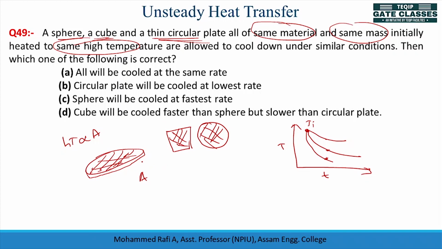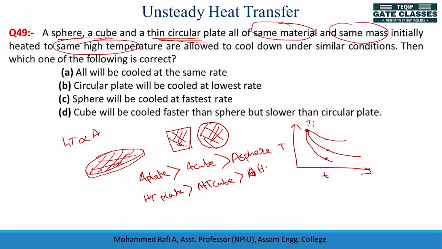You already know the area of this circular plate will be greater than the area of the cube and the area of a sphere. So from this you can say heat transfer of the plate will be more, then heat transfer of the cube, and then heat transfer of the sphere. So the plate will cool fastest, then the cube will come, then the sphere.